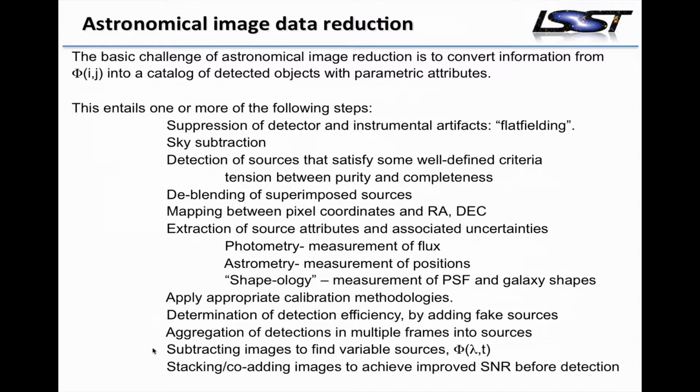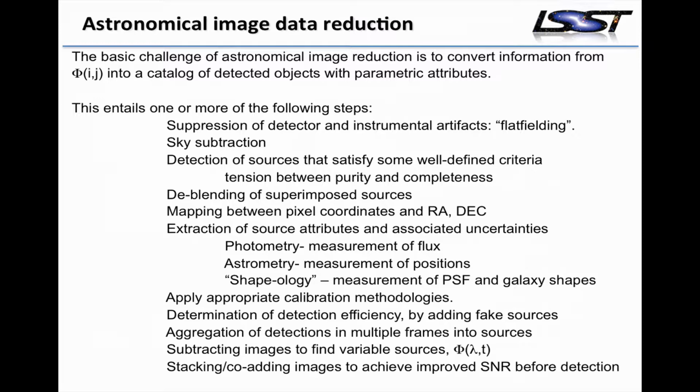In order to look for variability over time, a common thing is to actually subtract images taken at different times. With an appropriate subtraction methodology, sources that are not variable are suppressed, and variable sources are the only things that survive in those difference images.